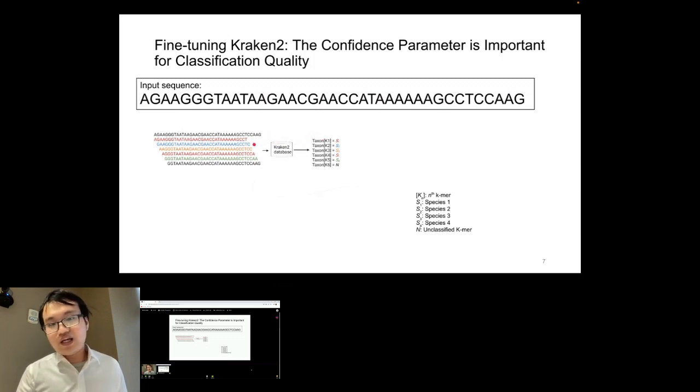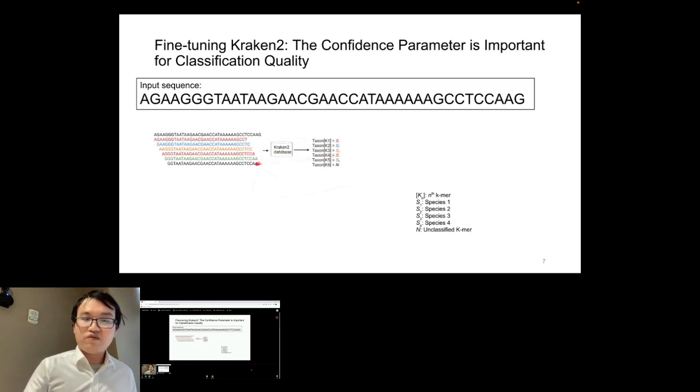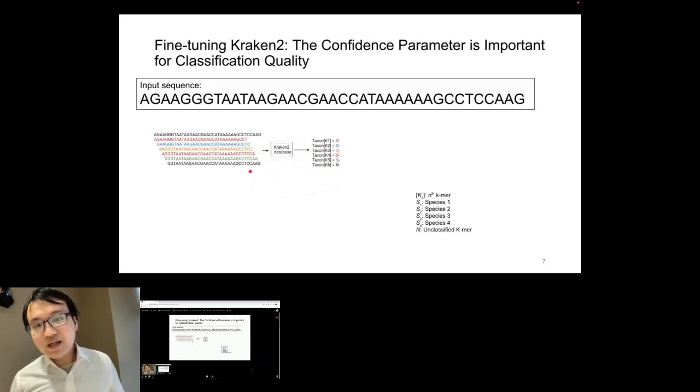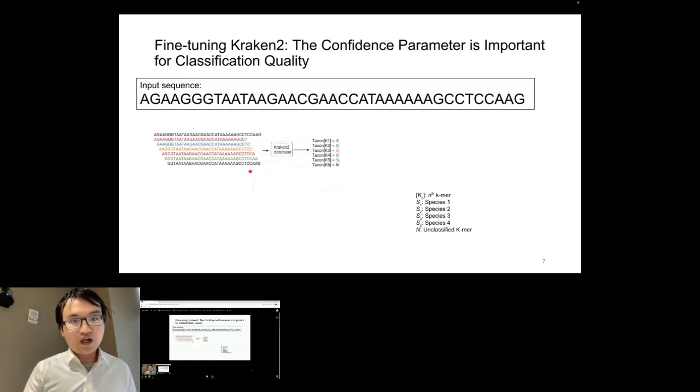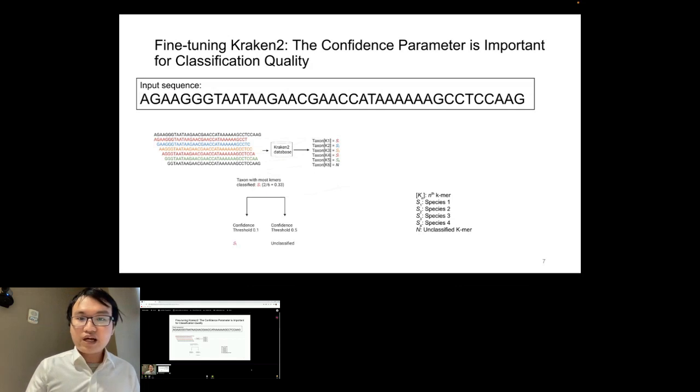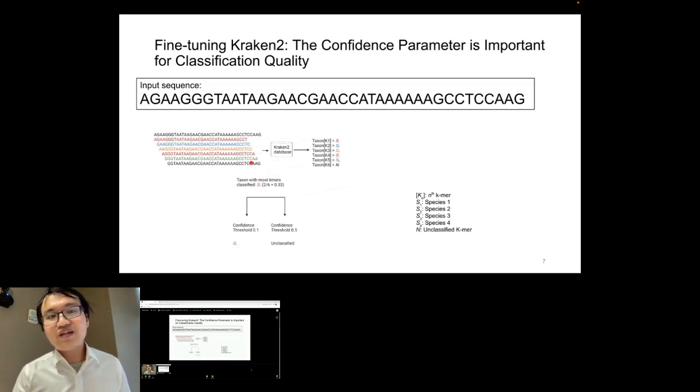The second k-mer was mapped to species two. The third was mapped to species three. Fourth, species one, fifth, species four, and the last k-mer was not found in the database. The taxonomic level with most k-mers classified in this input sequence is species one with two k-mers, the first and the fourth.